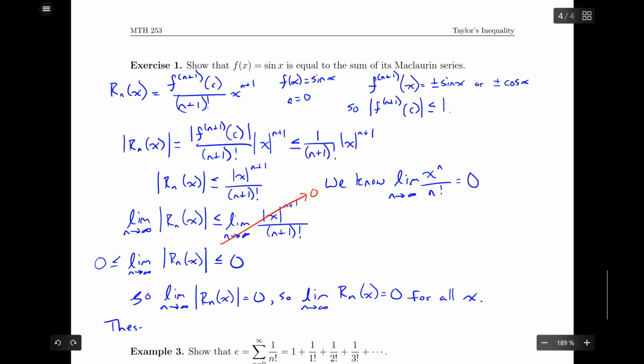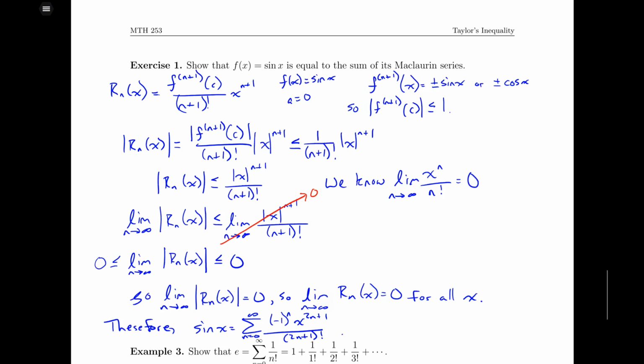Therefore, sine of x is equal to the sum of its Maclaurin series. That was the sum as n went from 0 to infinity of -1 to the n, x to the 2n plus 1 over 2n plus 1 factorial. And that proves it. It's no longer a question, it's definitive. We know that this has to be true.